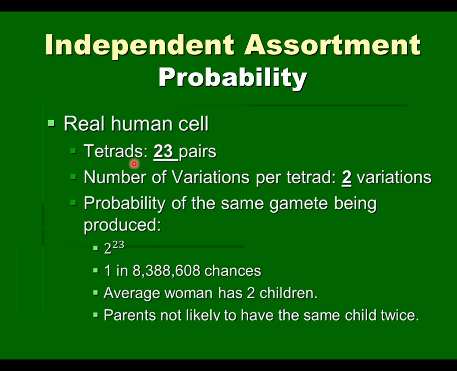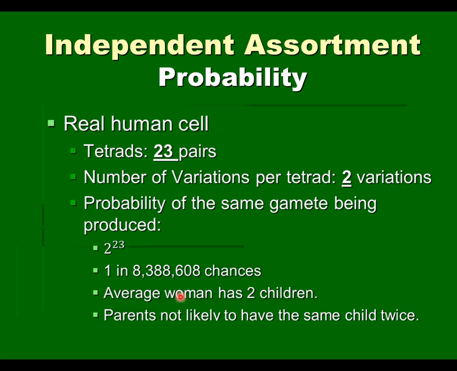Okay, so going back to what we were just talking about as far as probability is concerned, there are 23 tetrads. Now, the number of variations per tetrad is 2. Probability of the same gamete being produced is a 2 in 23 chance. This gives us the idea that not only is it highly unlikely, but there is a 1 in 8,388,608 chance. That is the numbers. That is the quantitative analysis of independent assortment.